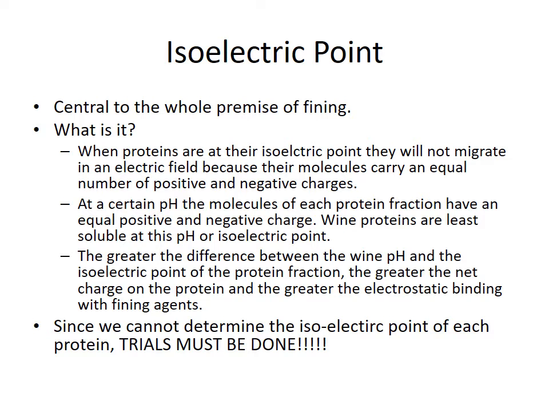Honestly, we could go through the academic exercise of deciding the charge of the protein. We could do the academic exercise of figuring out exactly what target compound we're trying to remove. And then we could try to figure out how to add exactly the right amount. But that is never going to happen in a real winery scenario, given the technology we have today. So the reality is always do a trial because you never know what's going to happen.